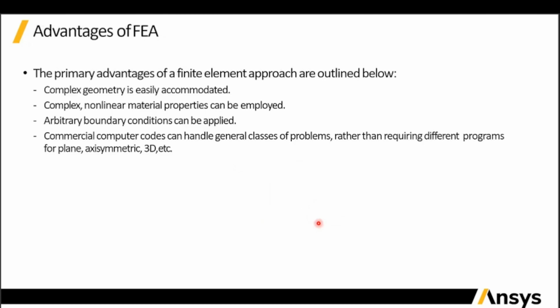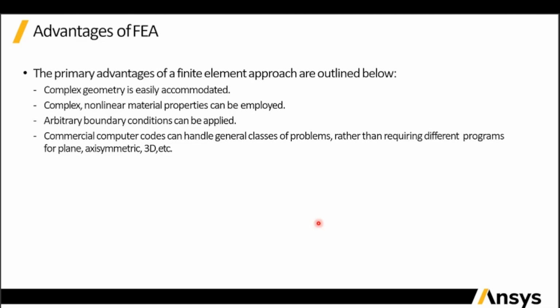Now, what are the advantages of FEA? The primary advantage of the finite element approach is that complex geometry is easily accommodated. We saw 3 methods of solving any problem: experimental, analytical, and numerical. You saw the drawbacks of the experimental and analytical methods.